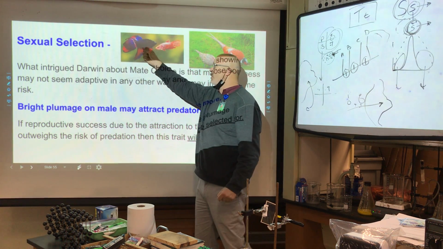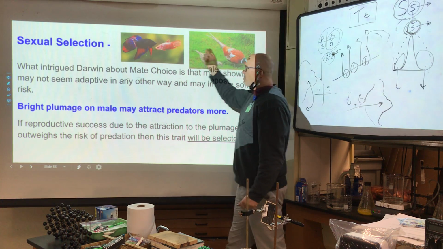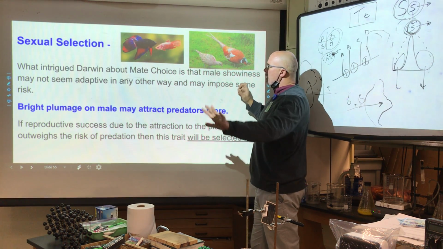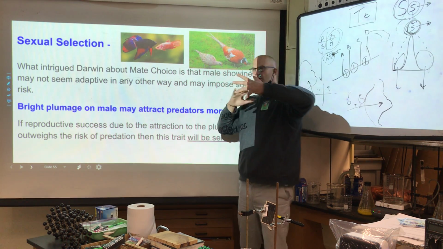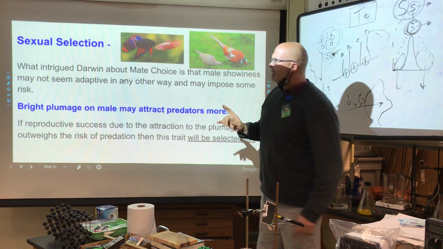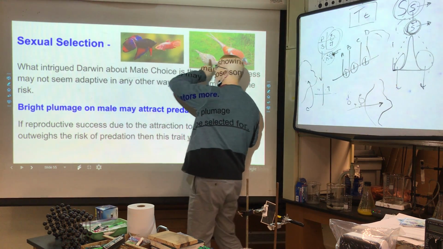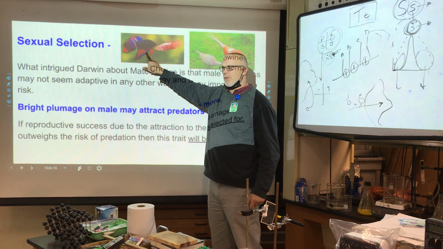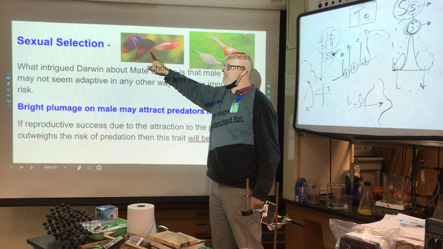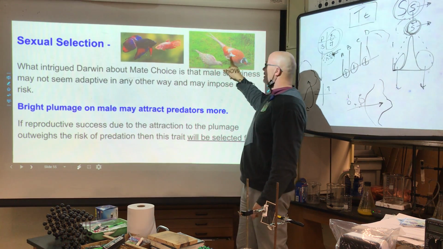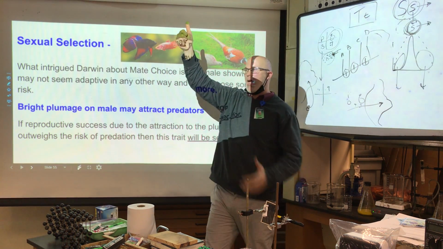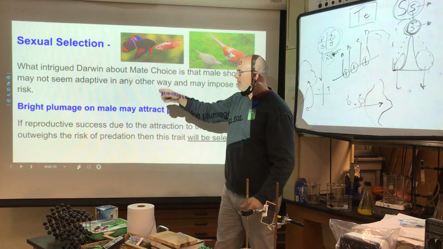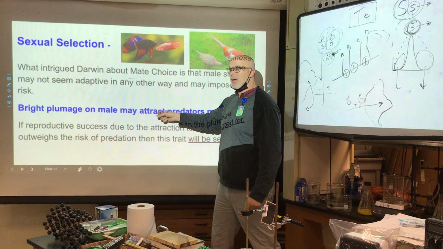So the bright plumage that these males or females have, I guess it might be males in this case, I'm not sure, but I know the peacock has the bright plumage and some are flipped. What makes them great for sexual selection also makes them easier for predators to get them. But it still must mean that sexual selection has a greater advantage of having more what? More potent offspring than the increase of the prey getting them, correct?